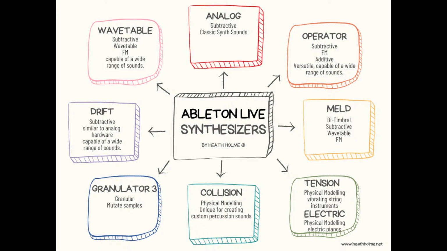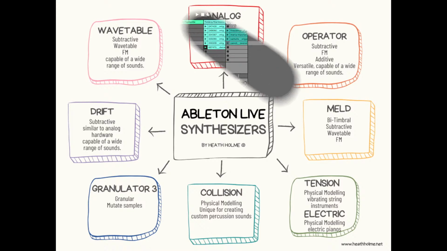And the granulator, again, has ADSR, has filters, but the waveform or the oscillator is going to come from samples that you put inside of it. And Collision, Tension, and Electric build us really cool percussion sounds, cool string sounds, cool electric piano sounds, and they're meant to sound like real world instruments. That's what physical modeling synthesis is. So we've got a pretty good range of stuff in our locker.